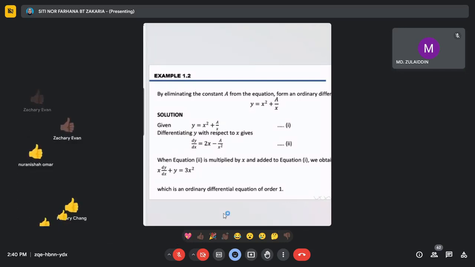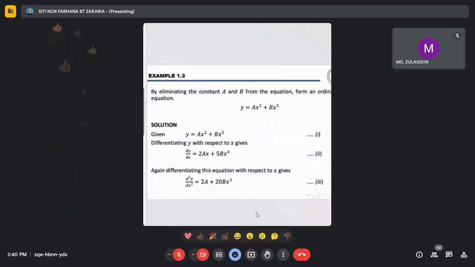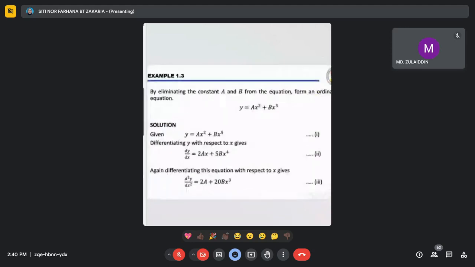Okay. Next, example 1.3. This is the function. So they ask you to form an ordinary differential equation. In this example, how many arbitrary constants do you have? Okay, so you need to differentiate 2 times.